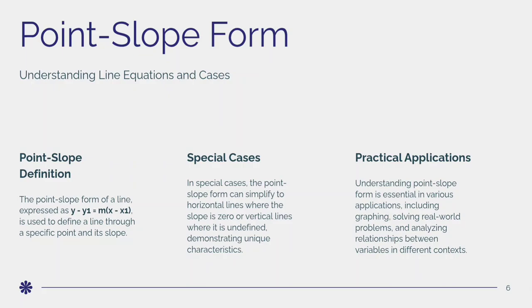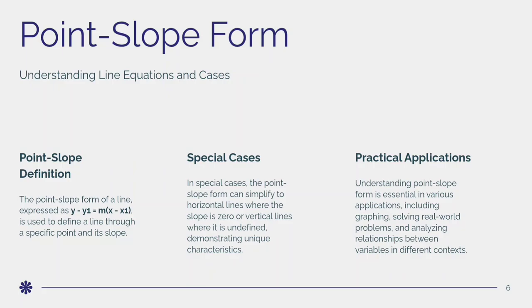In special cases, point slope form can simplify to horizontal lines where the slope is 0 or vertical lines where it is undefined, demonstrating unique characteristics.